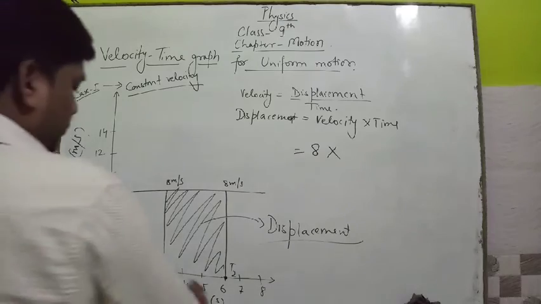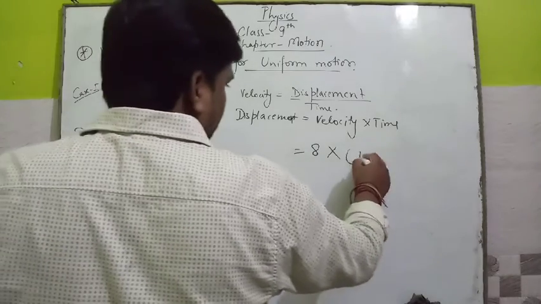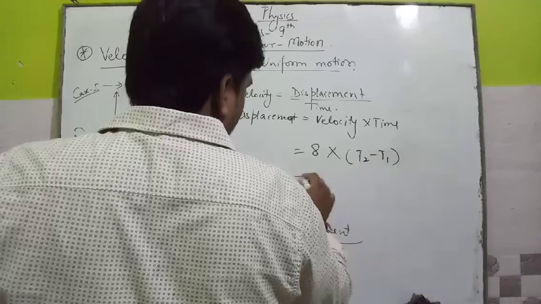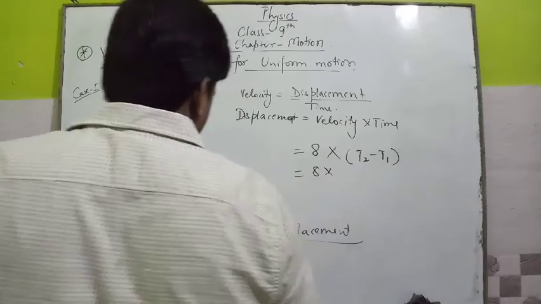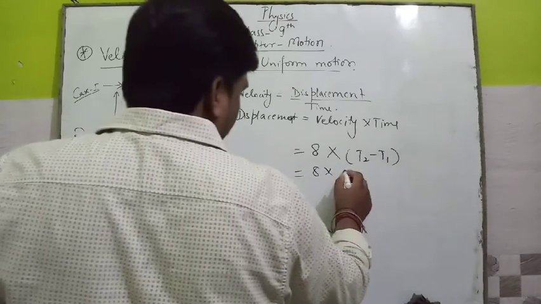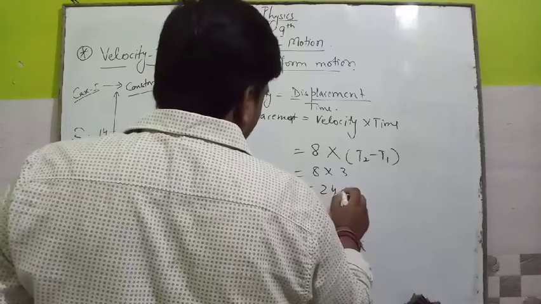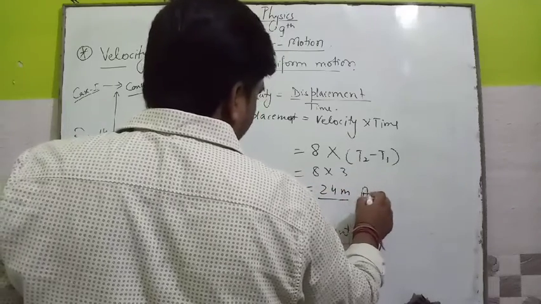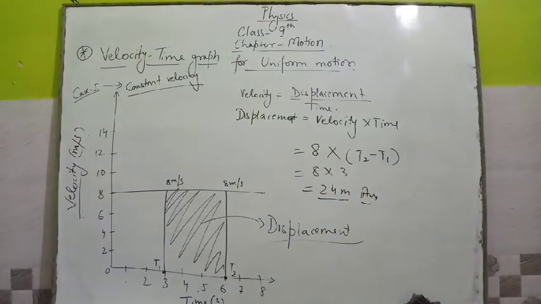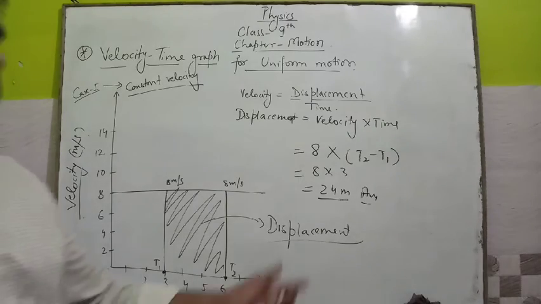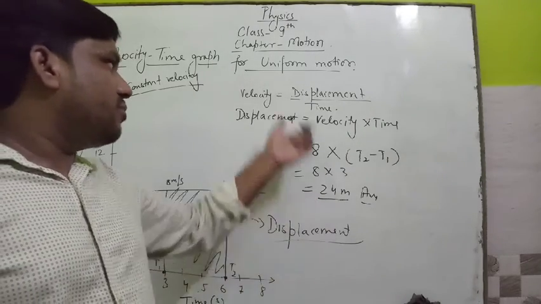The time interval from here to here is t2 minus t1. So 8 into (6 minus 3) is equal to 8 into 3, which is 24 meter. This is your answer. This is finding displacement with the simple formula.